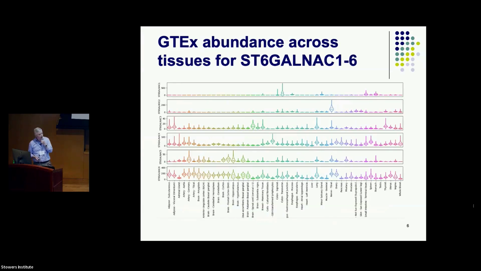And if we look at tissue gene expression data from GTEx, we can find evidence among these 6 enzymes responsible for attaching sialic acid. We can see some evidence of tissue-specific expression, suggesting that one or more of these enzymes is more strongly associated with whatever biological process is going on in that specific tissue.